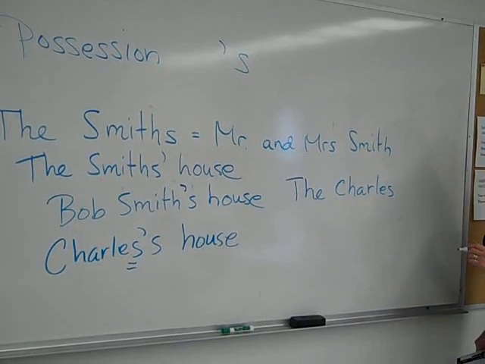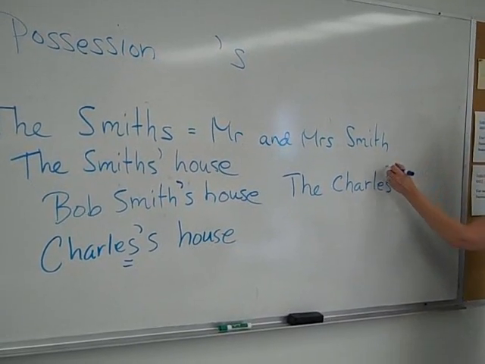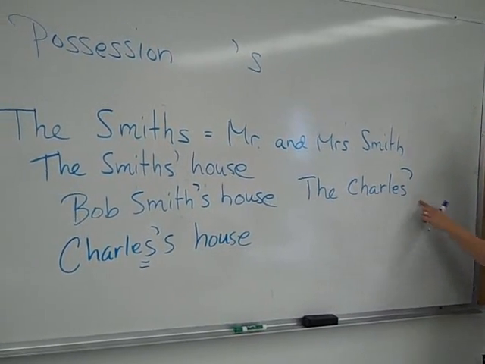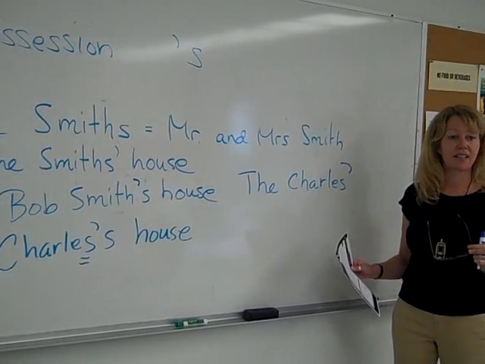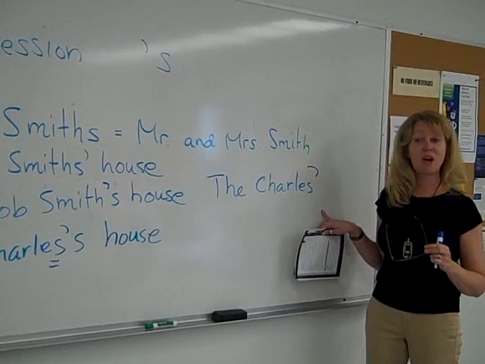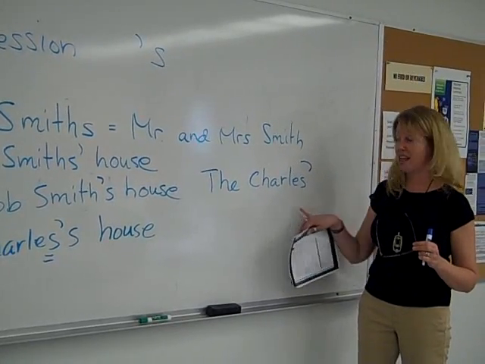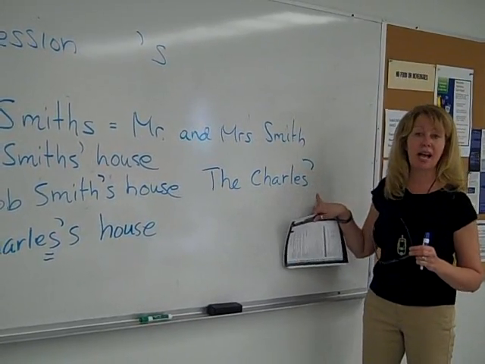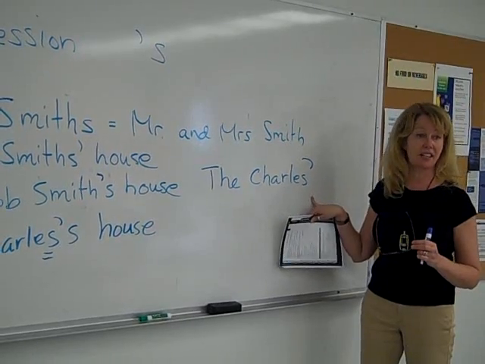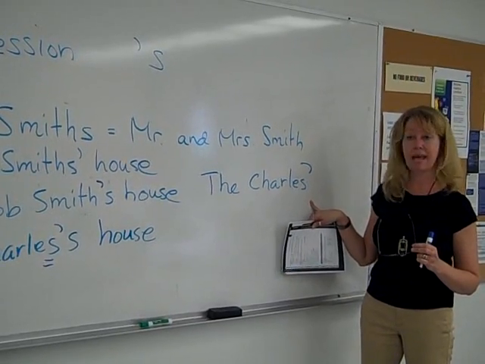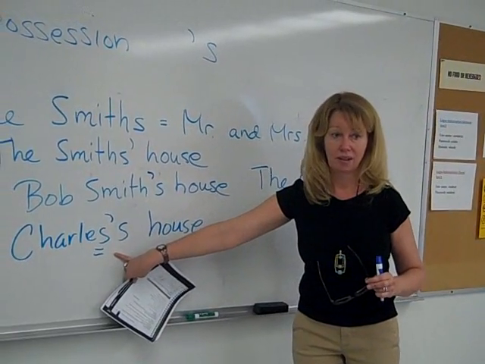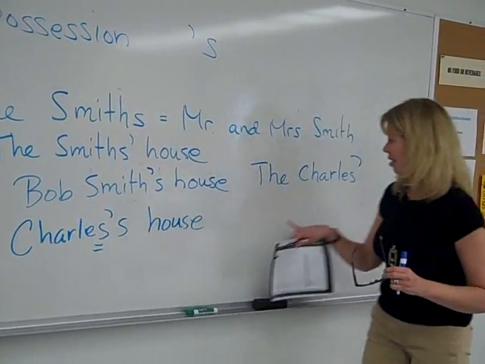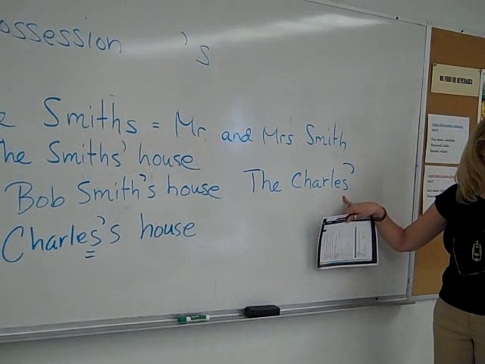On the outside, right? The Charles'. But we could also say, how are we going to pronounce it? We can say the Charleses' house, okay? Or we can say the Charles house. Okay, it doesn't matter. All right? How many people? One. Charles's house. How many people? More than one.